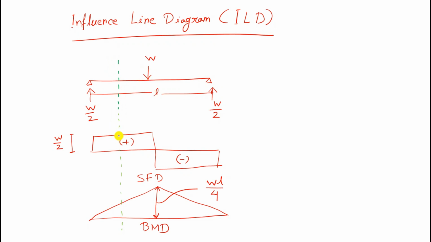The answer will be this value. This amount of shear force will be created at this particular section of this beam due to the application of load W at the midpoint.